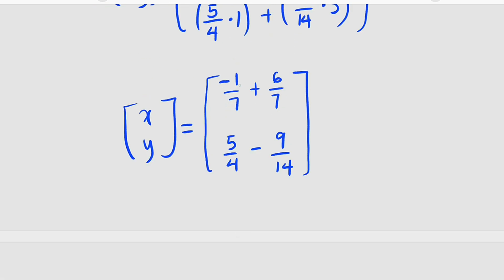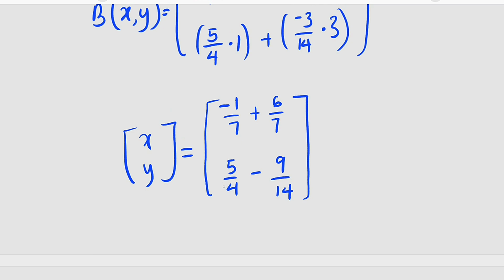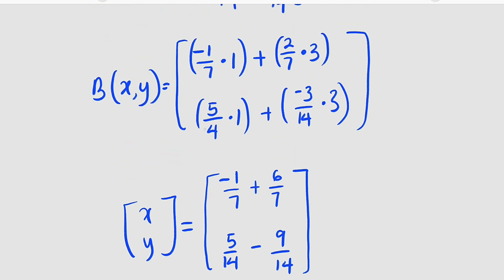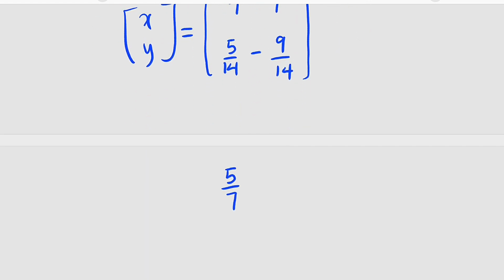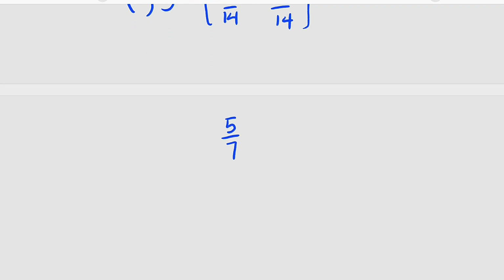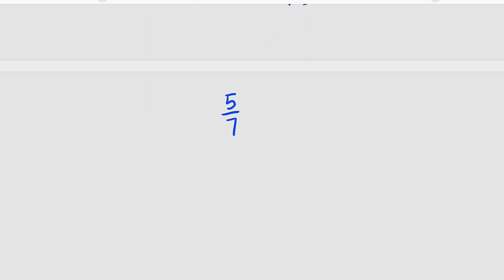At the top, we have negative 1 over 7 plus 6 over 7, which is the same thing as 5 over 7. At the bottom, this is 14, sorry. We have 5 divided by 14 minus 9 divided by 14, and that gives us negative 4 divided by 14. And negative 4 divided by 14 gives us negative 2 over 7.